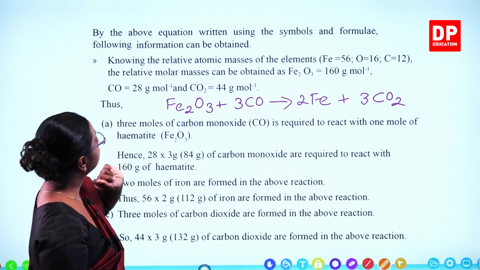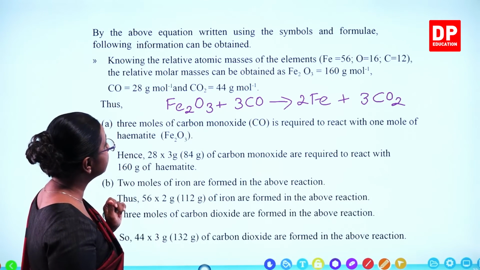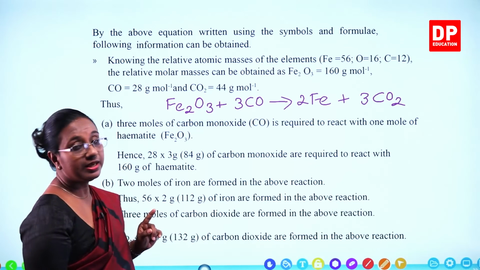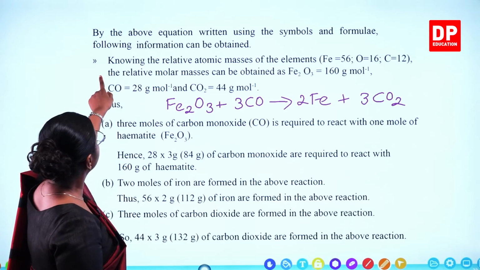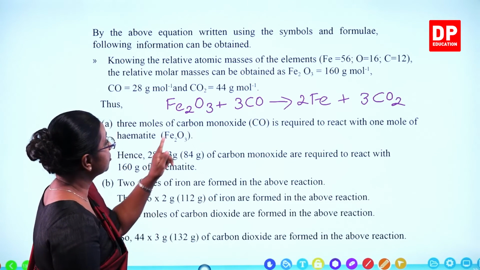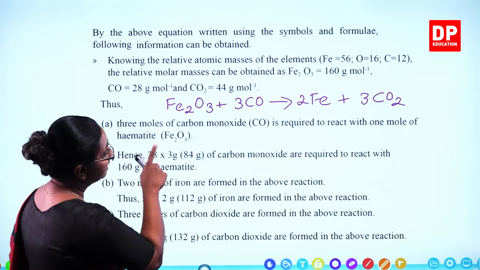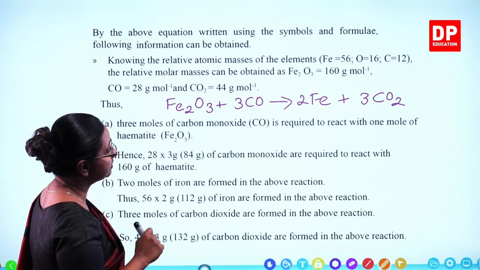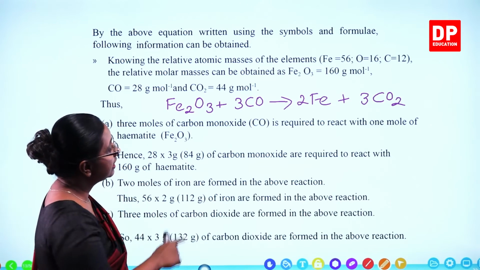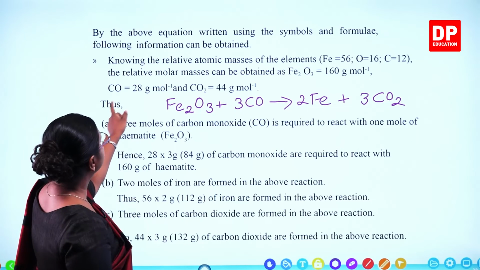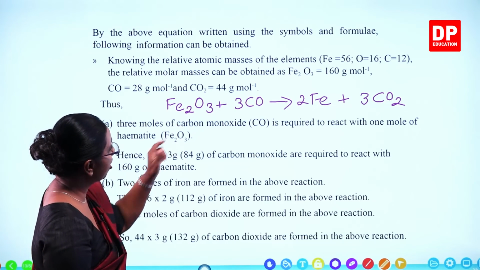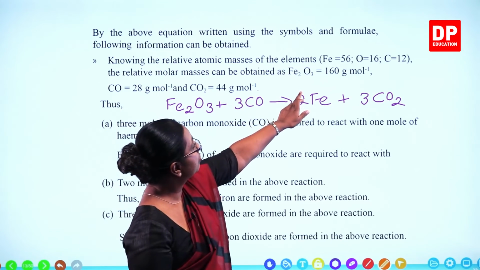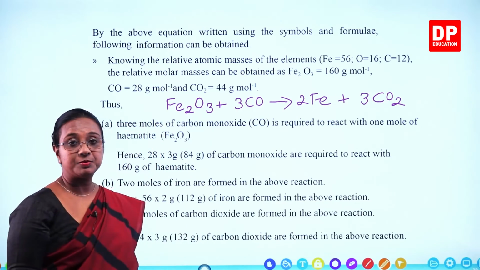Knowing the relative atomic masses of the elements, which are given to you there, the relative atomic mass of Fe is 56, oxygen 16, carbon 12, the relative molar masses can be obtained as Fe2O3 160 grams per mole.